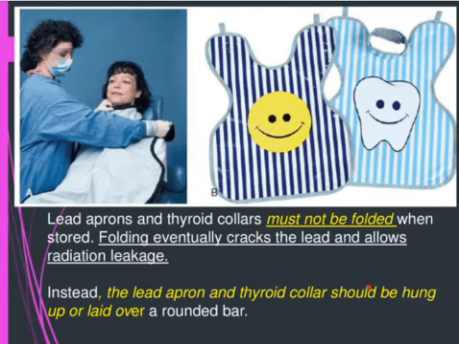The rounded bar is to make sure that the lead inside the lead apron does not crack. Very important question: if the lead in the lead apron is folded or crushed, then there will be cracks in the lead apron which cause radiation leakage.